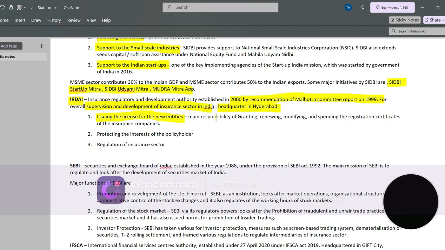Its main responsibility is granting, renewing, modifying, and suspending the registration certificates for insurance companies. Second is protecting the interest of policyholders. Third is regulation of the insurance sector.